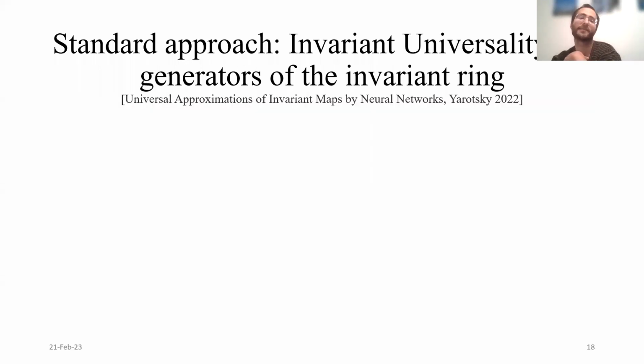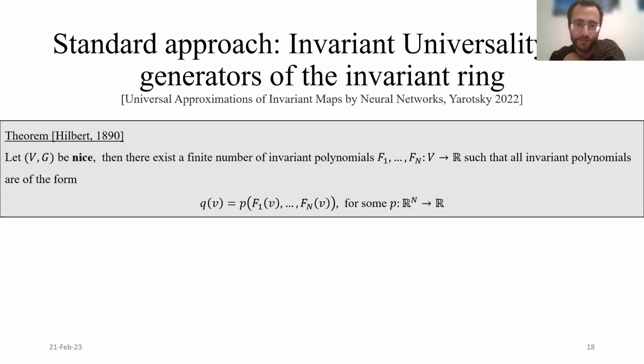Okay, and I think one could argue that the standard approach for having invariant universality usually uses some version related to the generators of the invariant ring. So this is a classical theorem by Hilbert from the 1890s, which says that under some weak conditions on the group, so for example, if G acts on V and the group action is nice, then there exists a finite number of invariant polynomials which can be used to define all invariant polynomials.